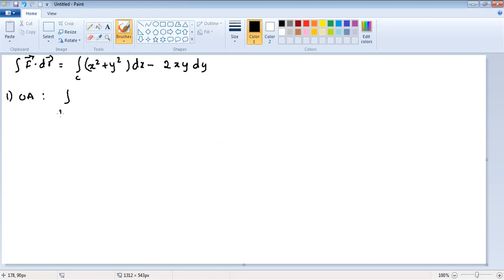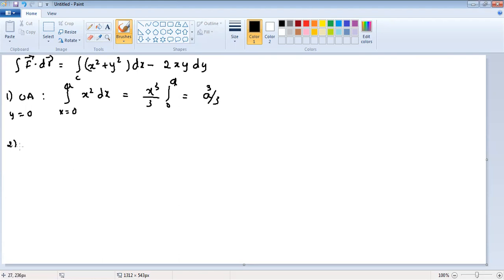For this integral, x varies from 0 to a, and here y becomes 0. That's why we are left with only x square dx. After integration, it is x cube by 3, from 0 to a. So it is a cube by 3.